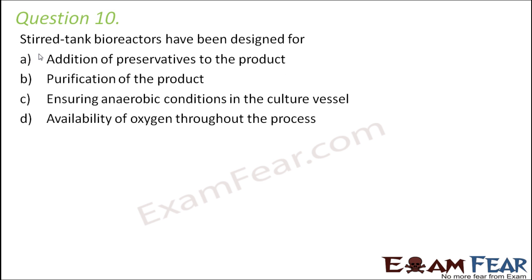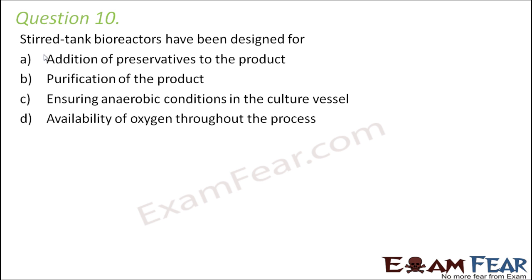Question number 10. Stirred tank bioreactors have been designed for addition of preservatives to the product, purification of the product, ensuring anaerobic conditions in the culture vessel, or availability of oxygen throughout the process. So what are these stirred tank bioreactors? These bioreactors have a cylindrical or curved base, so that even mixing of the content becomes easy.